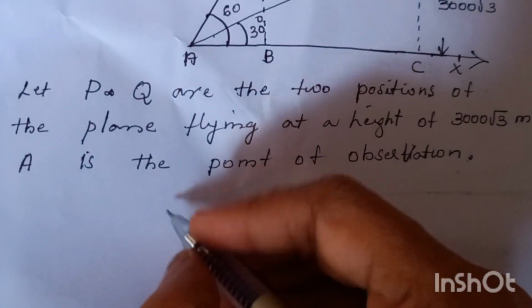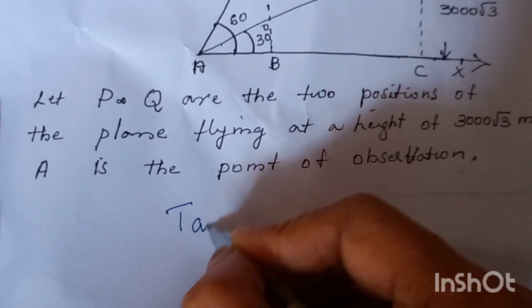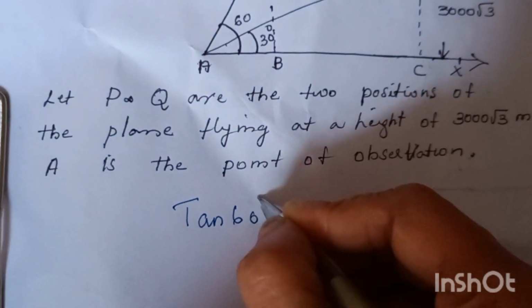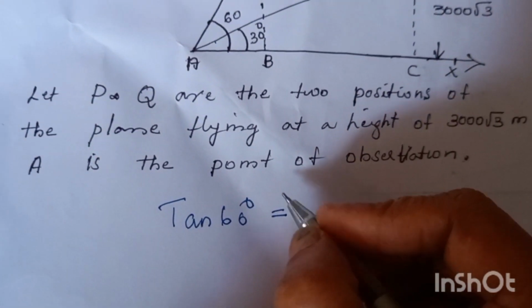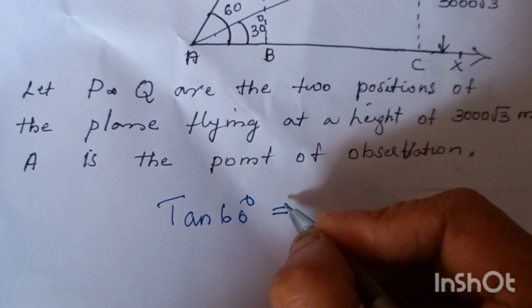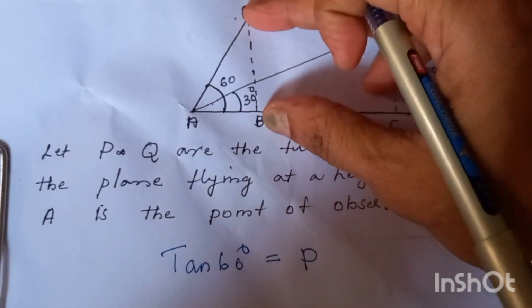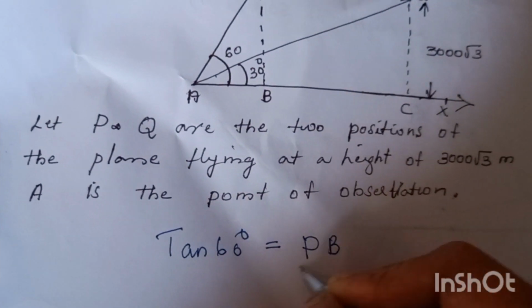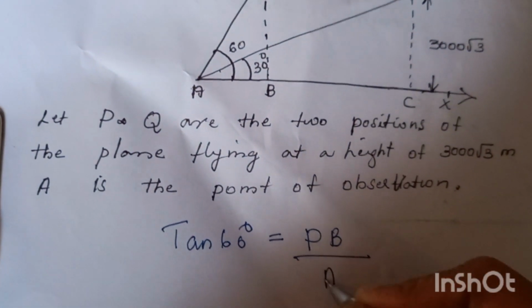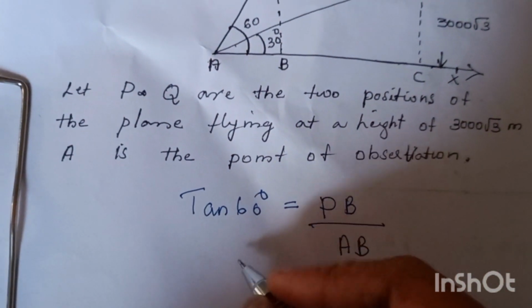Tan 60 degree is equal to PB by AB. What is tan 60 degree? You already know that it is root 3.